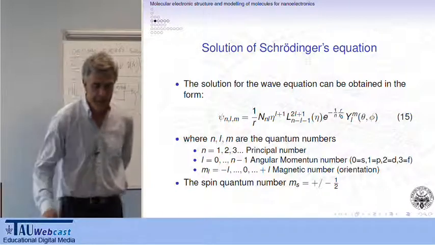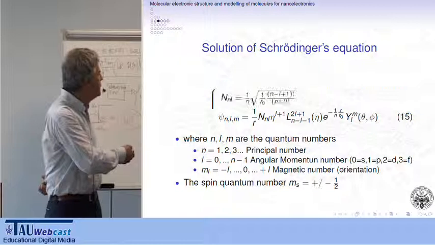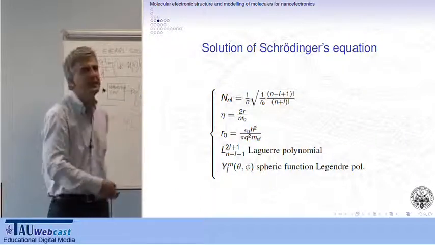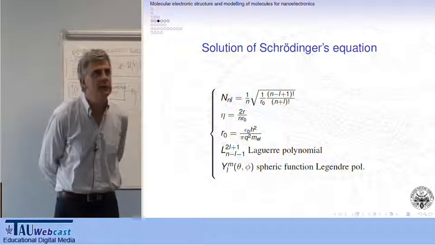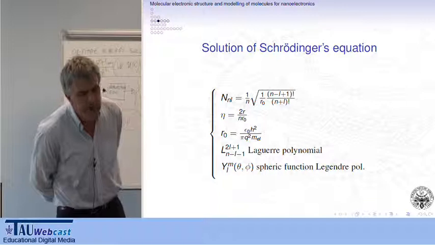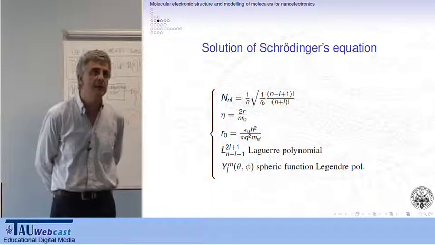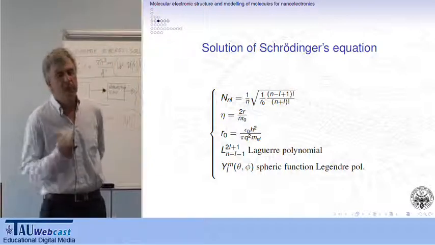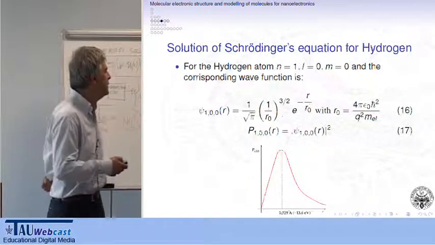The terms in the equation are briefly explained here, but it is not the aim of this course to do this kind of calculation. You can find this kind of polynomials in quantum mechanics textbooks. But for our purposes, it is relevant to reconsider the result.